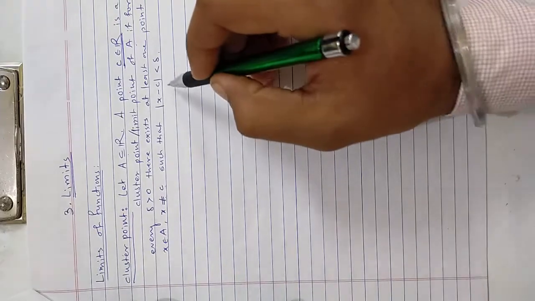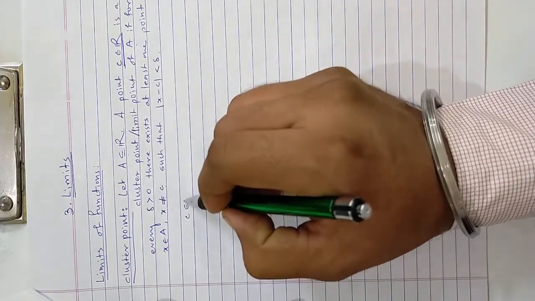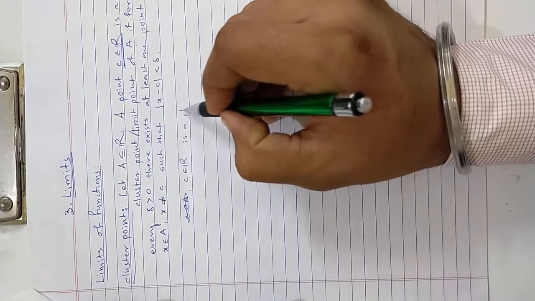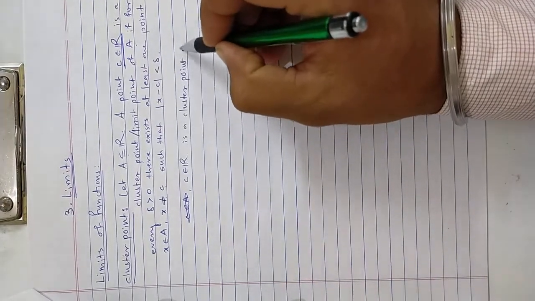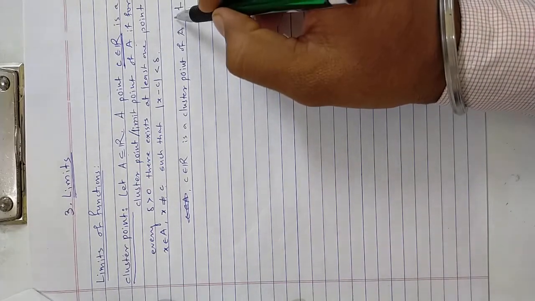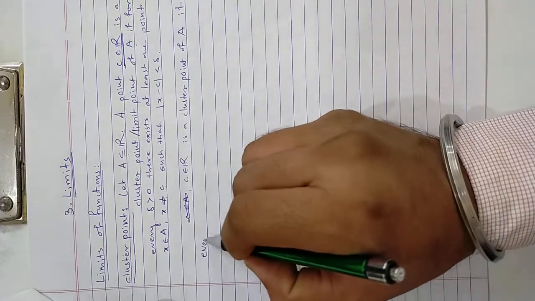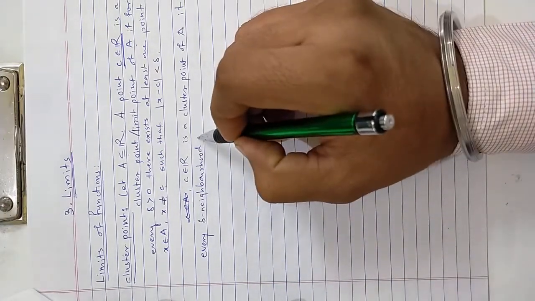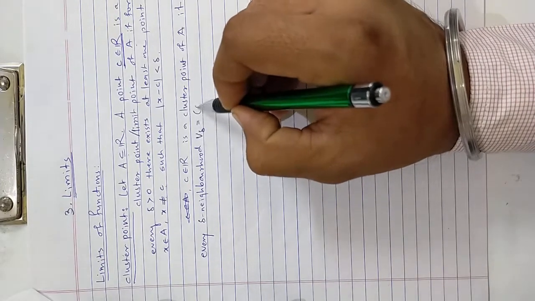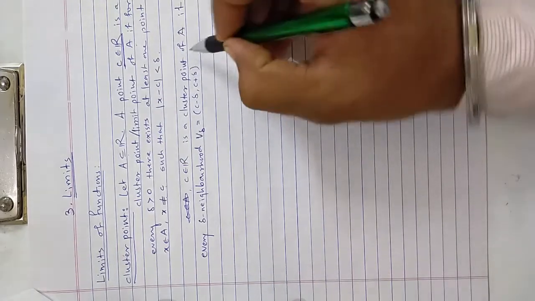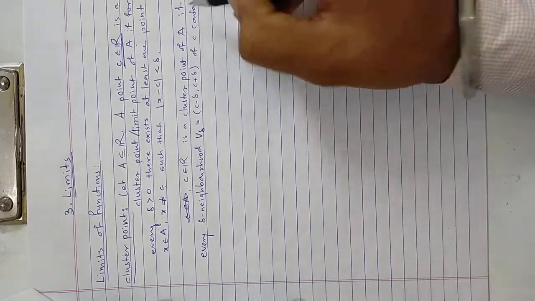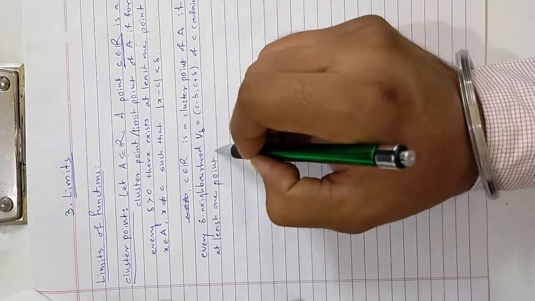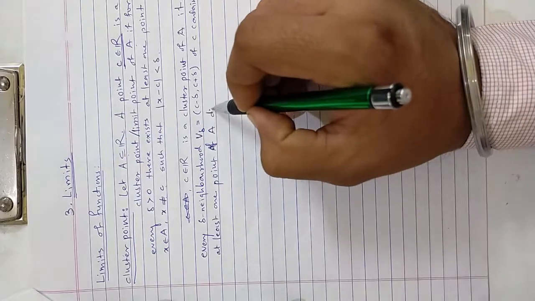It means simply, if C is a real number, it is a cluster point of set A if every delta neighborhood, C minus delta and C plus delta, of C contains at least one point of A distinct from C.